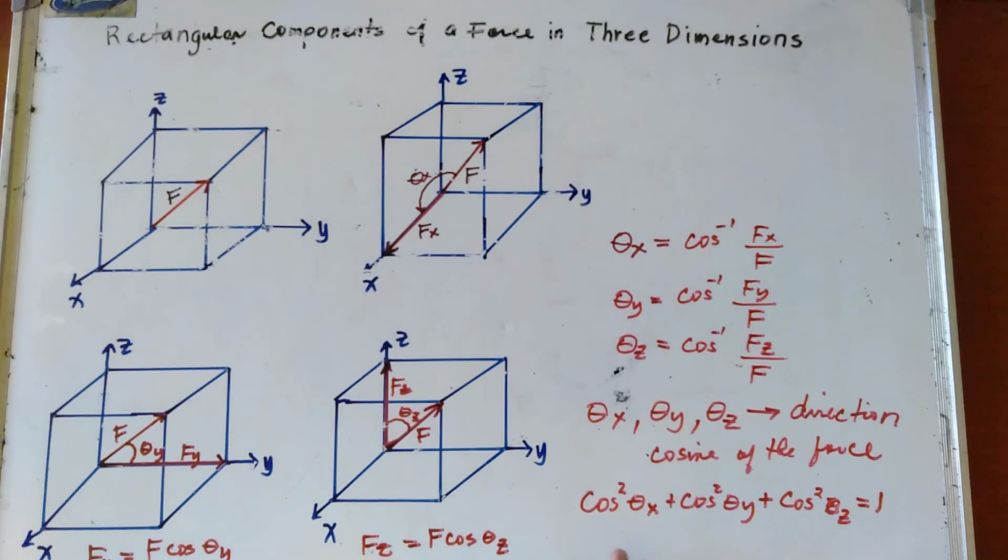We should satisfy this equation when determining the direction cosines of the force. Now, if an angle is more than 90 degrees, the cosine is negative, indicating that the sense of the component is opposite to the positive direction of the coordinate axis.